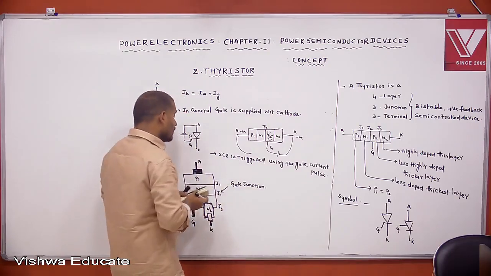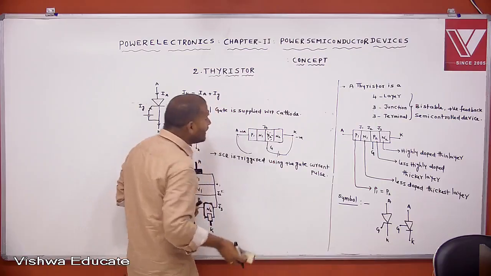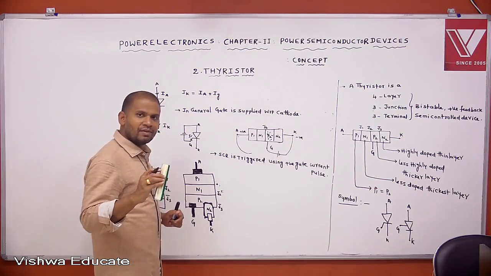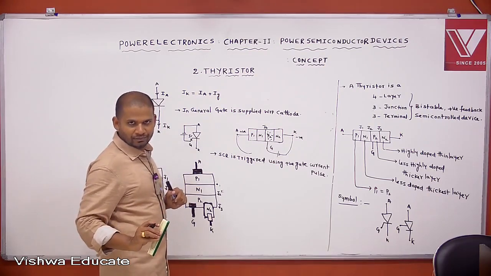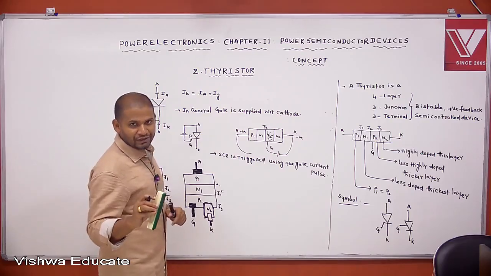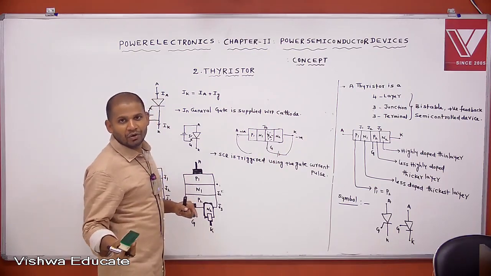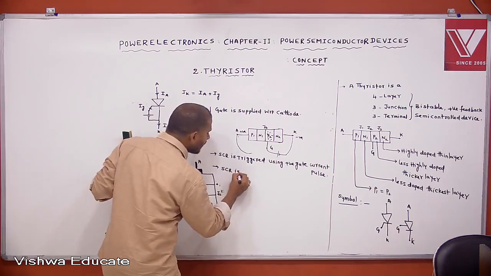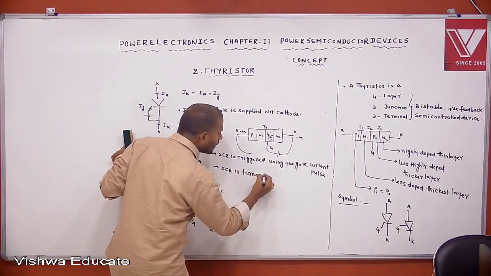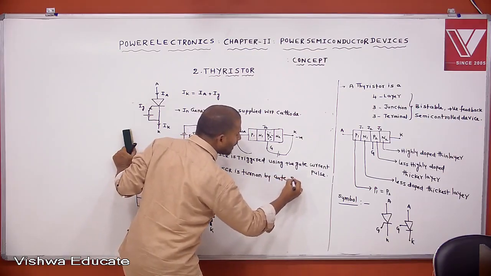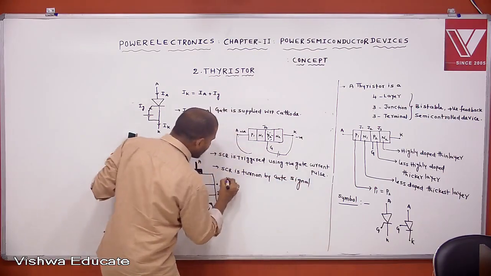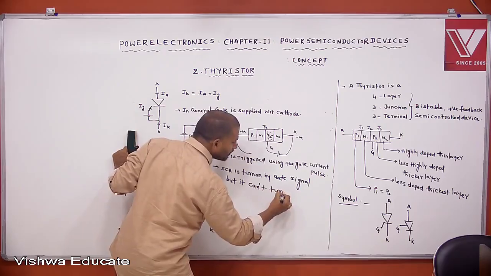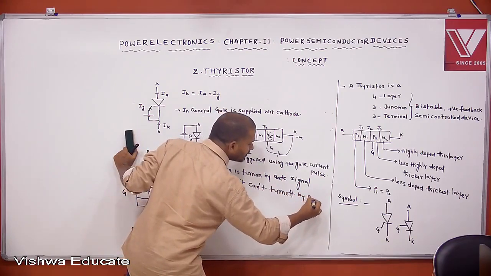Then the thyristor or SCR is turned on by using the gate terminal, but it cannot be turned off. Hence, it is treated as a semi-control device. I told you what exactly a semi-control switch is: it can be turned on, but it cannot be turned off by the gate terminal. That's why SCR is turned on by gate signal but cannot be turned off by gate signal.